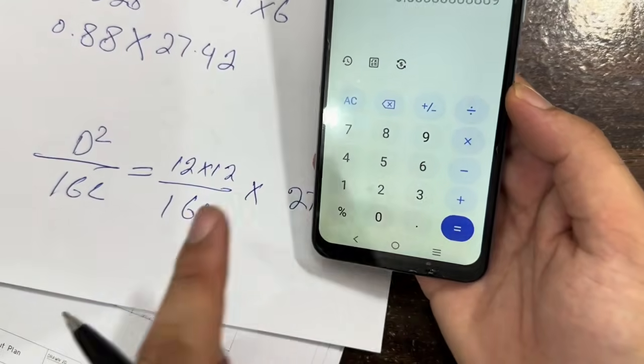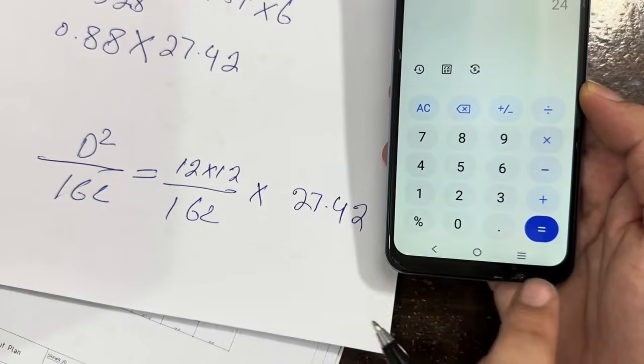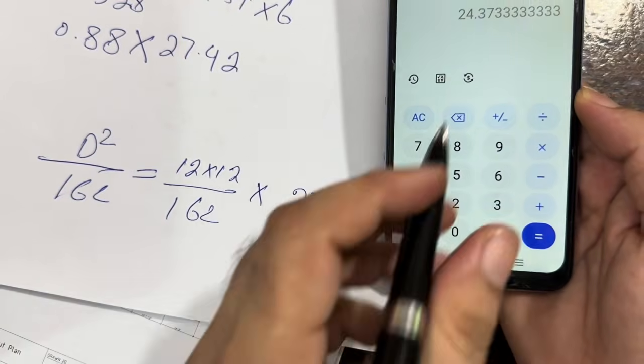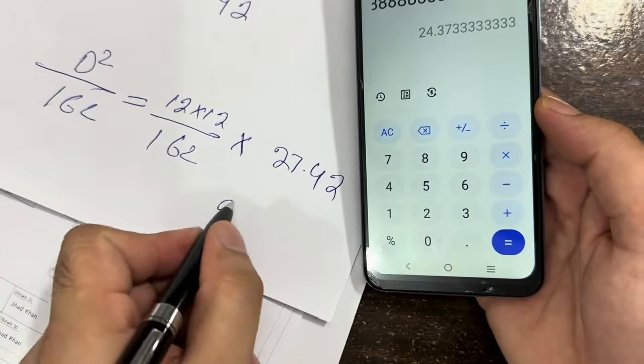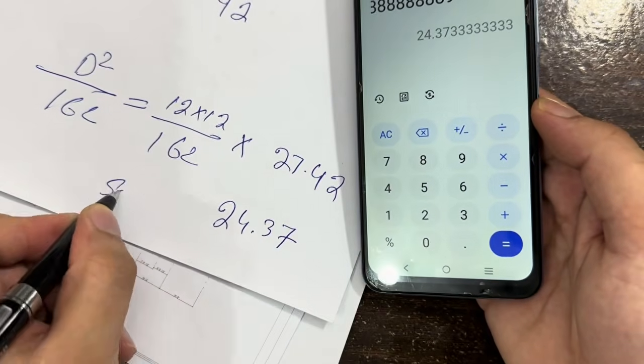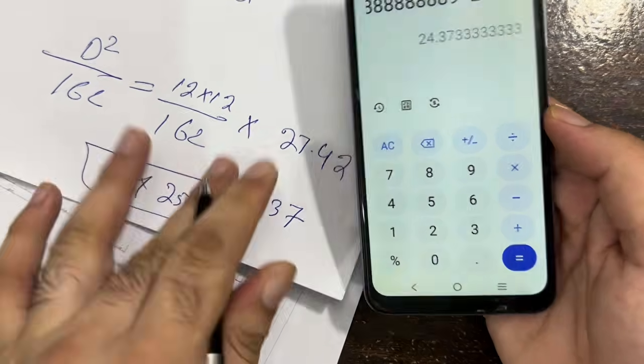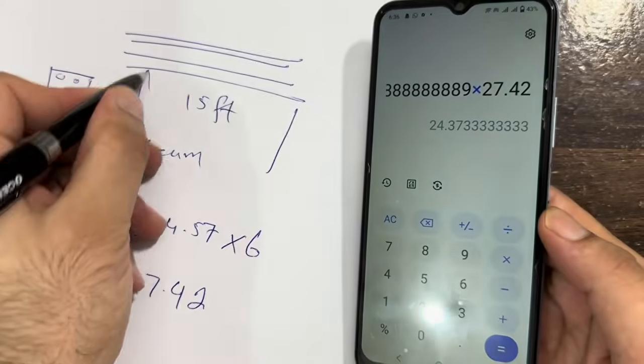Now I have multiplied with 27.42. So we required 24.37 kg, so say 25 kg of steel is required for this beam, which is 15 feet.